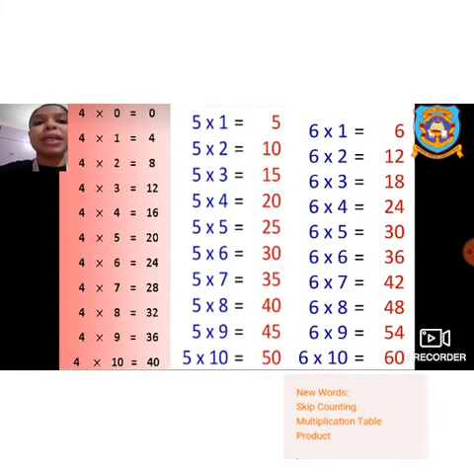Alright, the multiplication tables of 4, 5 and 6 are already given in your textbook. So you have to understand and learn them from 1 till 6. Now children, in the textbook it is given that you have to understand and learn the multiplication table till 6.